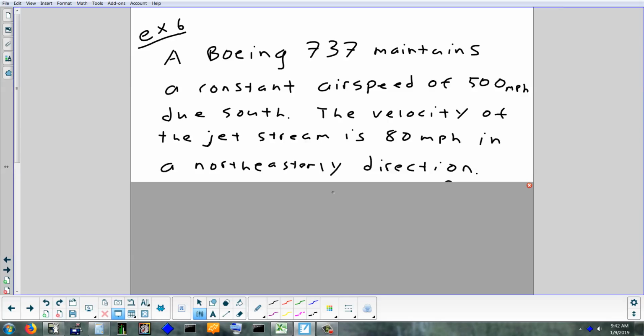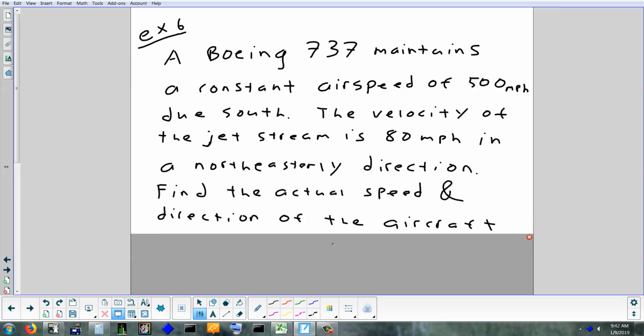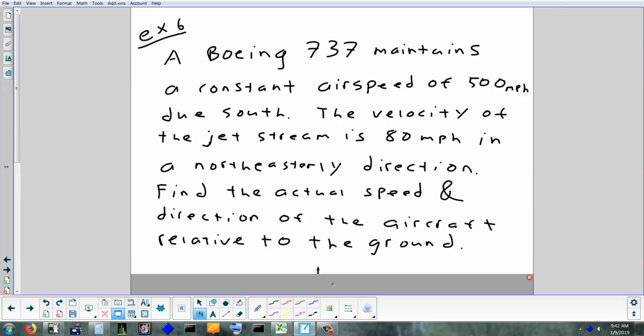Is the wind helping the plane, or is it going to slow it down? Slow it down. The plane's trying to go south. The wind is blowing northeast. So the plane isn't flying directly into the wind, but it's kind of hitting the wind at an angle, right? But it's not a tailwind. It's more of a headwind. It's slowing it down.